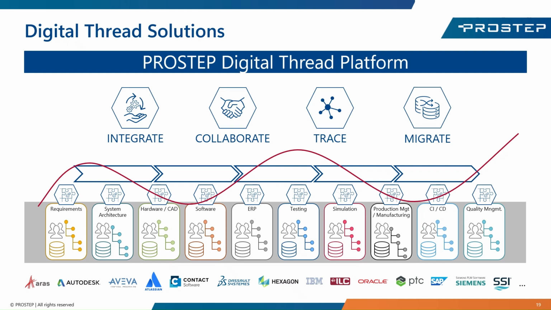So these connectors really go to repositories and aren't traditionally accessed through a workstation client or manual type of process, but they could be, and in some cases are. The four supported use cases, integrate, collaborate, trace, and migrate, all use that type of technology.